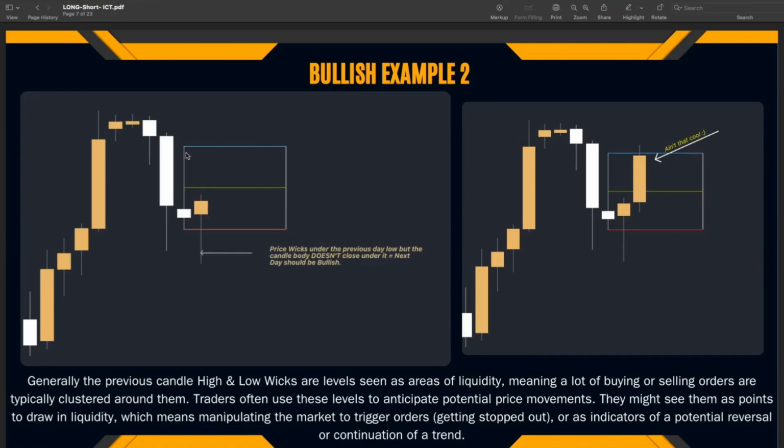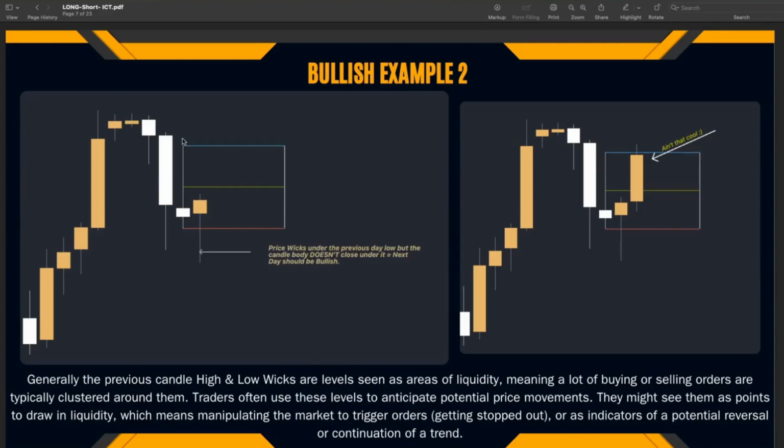Okay, now as you can see, we have our box drawn from wick to wick, and the candle did not close underneath the wick or the bearish wick, right? So that means that the momentum is starting to reverse from bearish to bullish. And as you can see in this next example, the next day ended with a bullish candle.